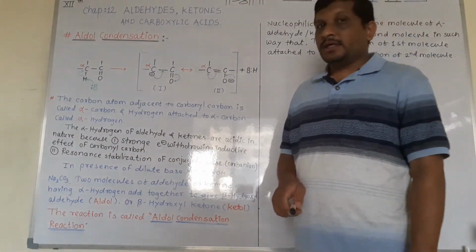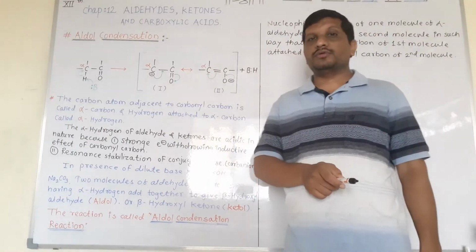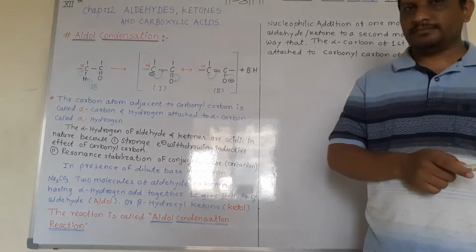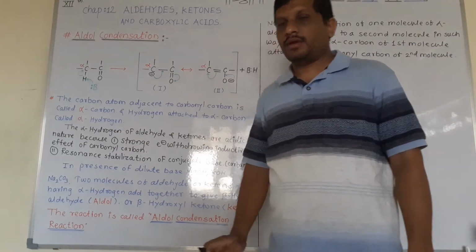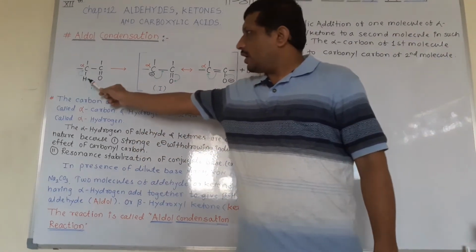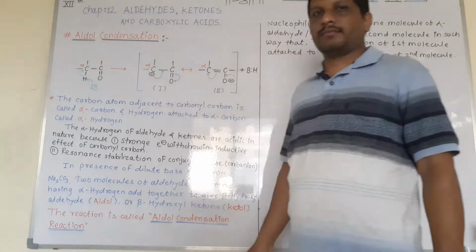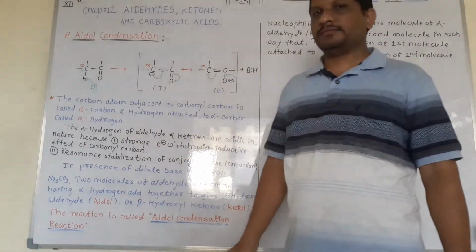And the hydrogen atom which is attached to the alpha carbon atom is called the alpha hydrogen atom. Here is hydrogen attached to the alpha carbon, and that's why it is called alpha hydrogen.